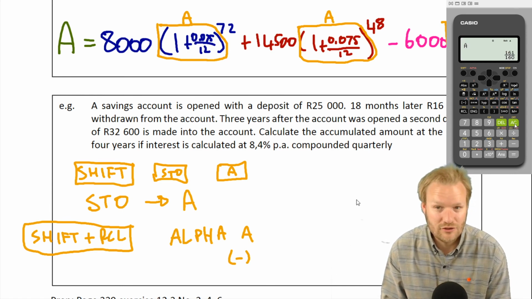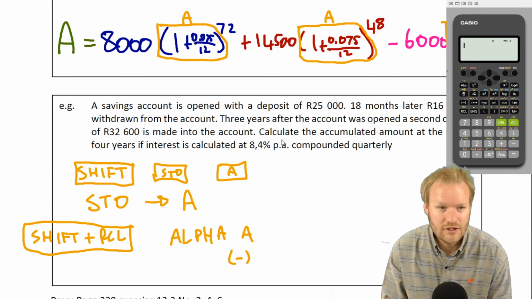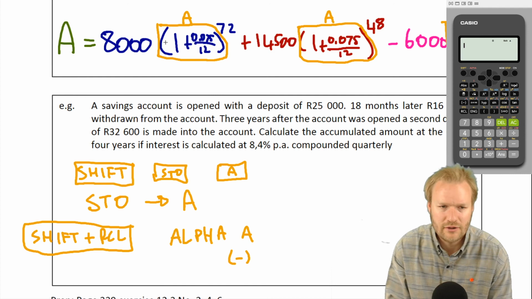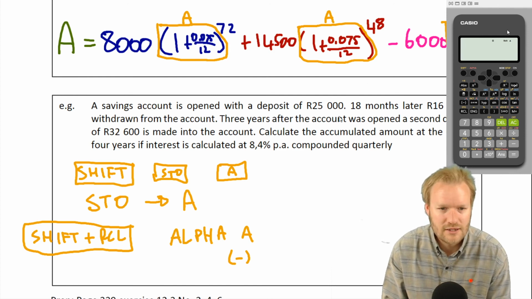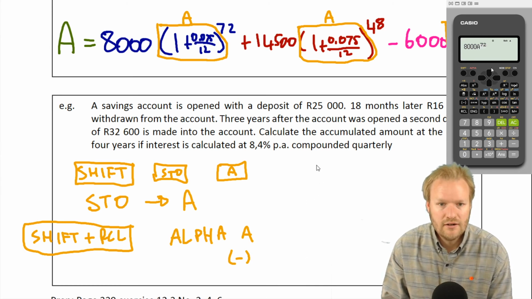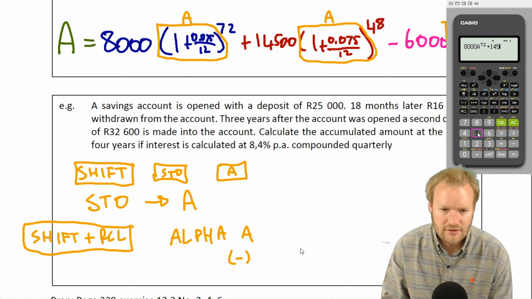So here's the magic of it all. This whole long formula we have to substitute in becomes easy on the calculator. So 8,000, and now we don't have to write that whole thing. We just write alpha A to the power of 72, plus 14,500 alpha A to the power of 48.